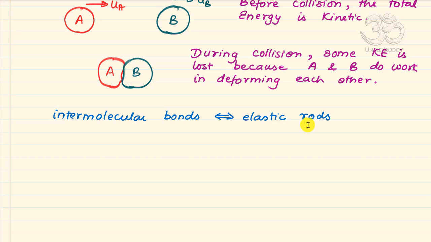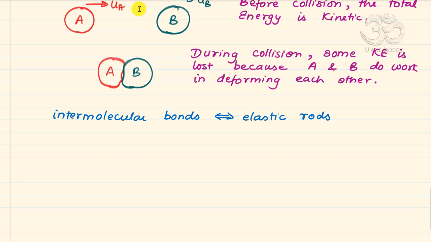So some energy may be used up in deforming them elastically, so that after they are deformed, they regain their original shape and size, but some energy can also go into giving them some kind of permanent deformation.